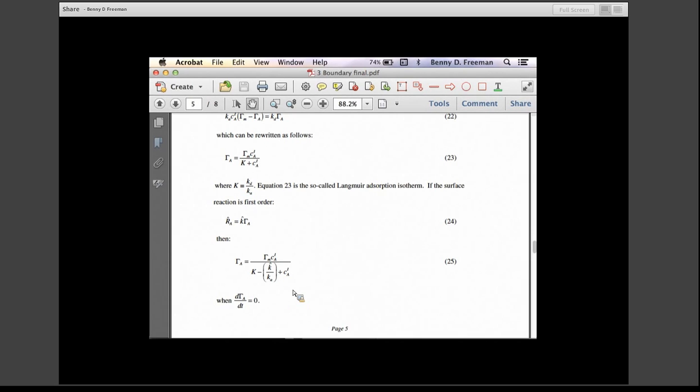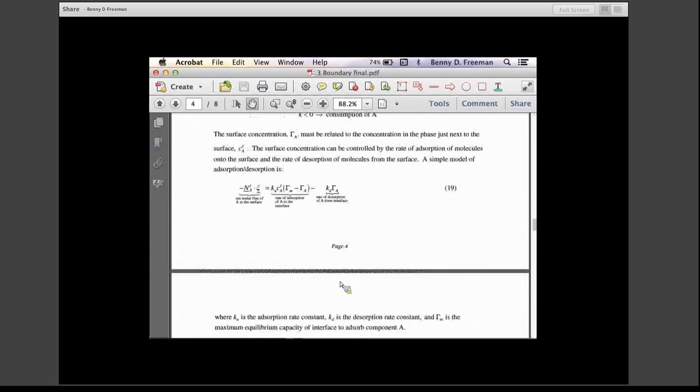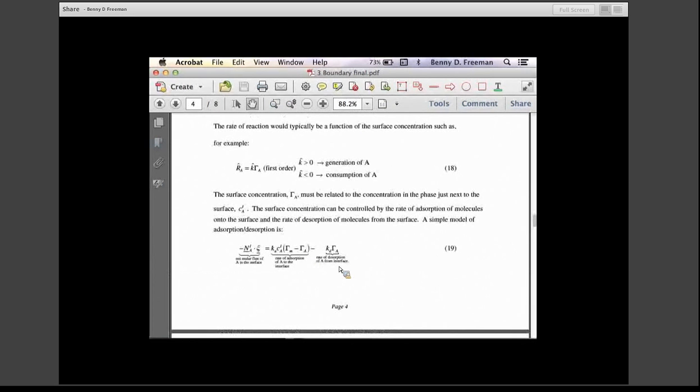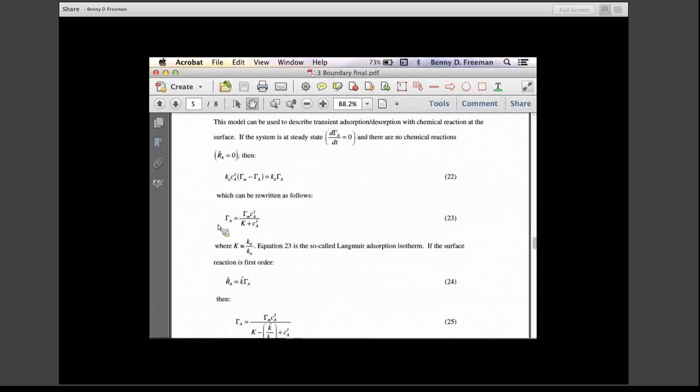So where chemical reaction occurs along with adsorption and desorption, if the adsorption and desorption don't obey Langmuir's model, you can replace those rates of adsorption and desorption with other models that are more appropriate for the physics of the problem under study, and develop expressions that are analogous to but different from the simple Langmuir model.